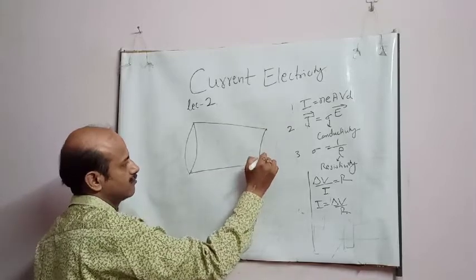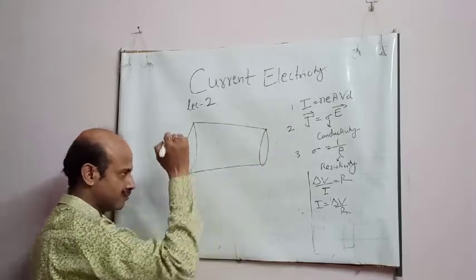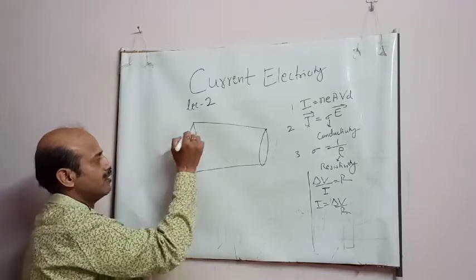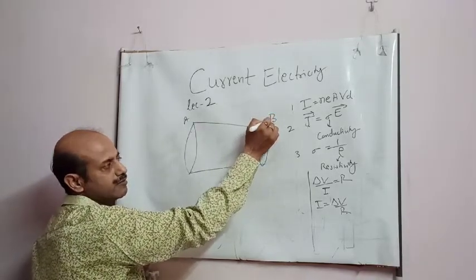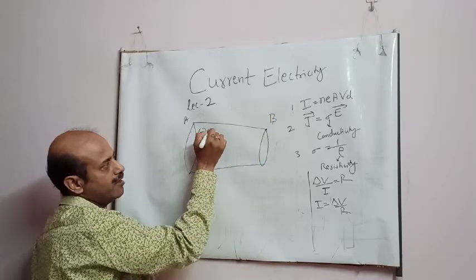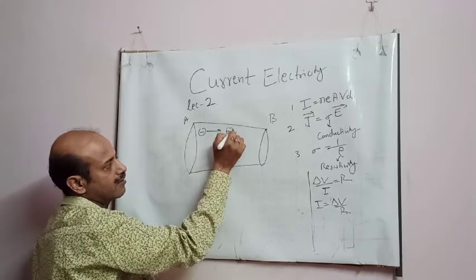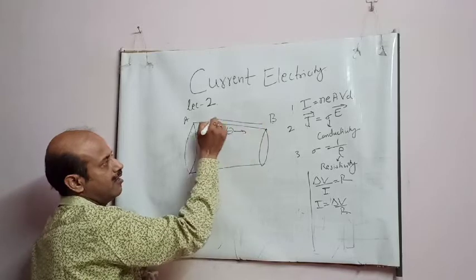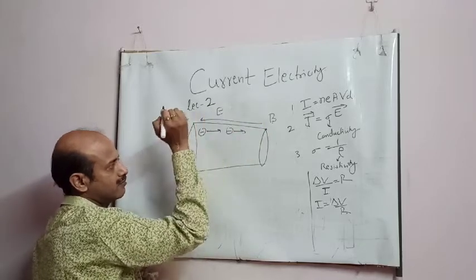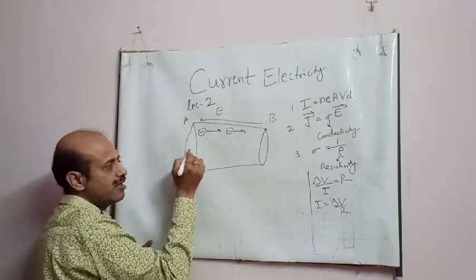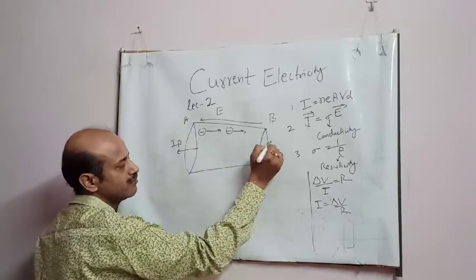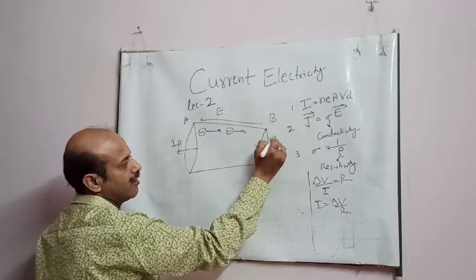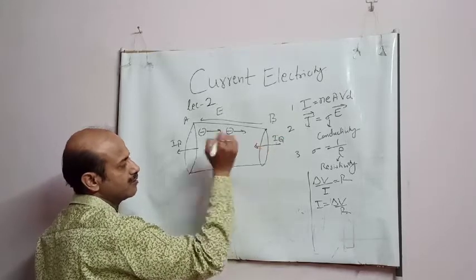This part I am naming A, this part is B, and electrons are moving in this direction due to the electric field. So due to this there is a current. From here the current I am naming IP, and this is IQ.